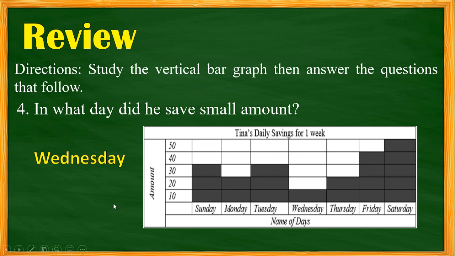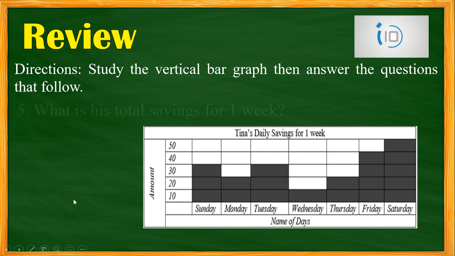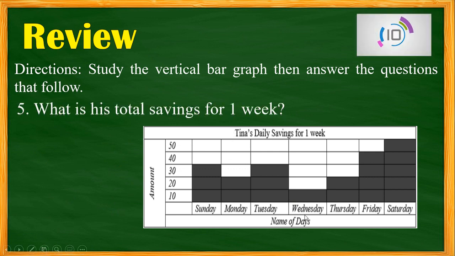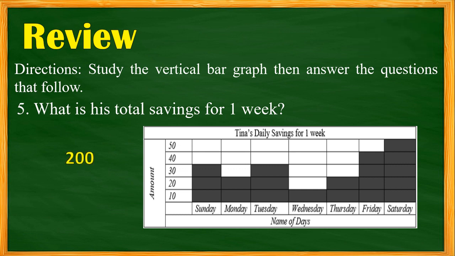Then for number 5, what is his total savings for 1 week? You have 10 seconds. Starts now. What would be the answer? Time's up. The correct answer is 200 pesos because we have 30 pesos on Sunday, then 20 pesos for Monday, so this would be 50.